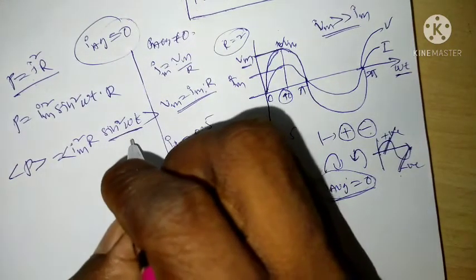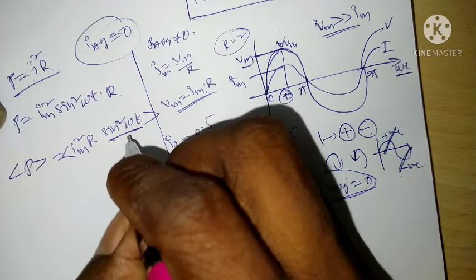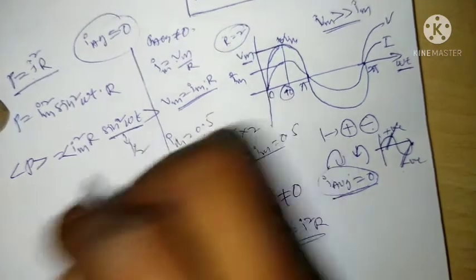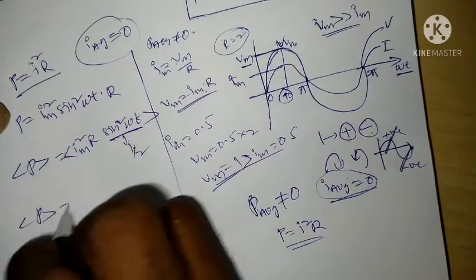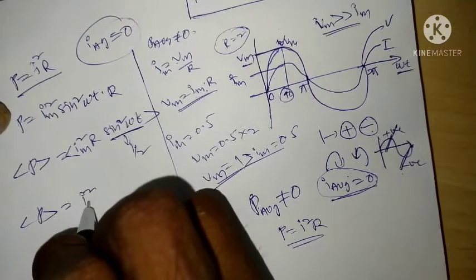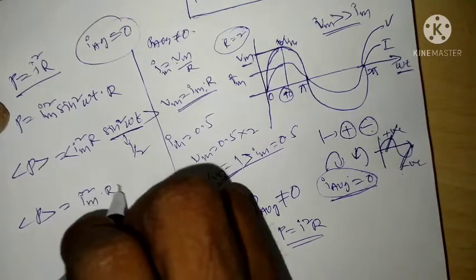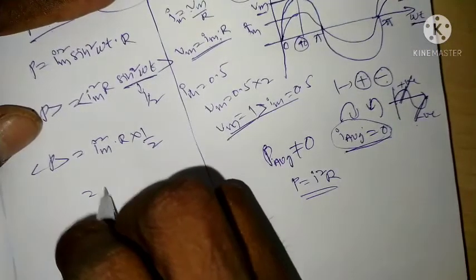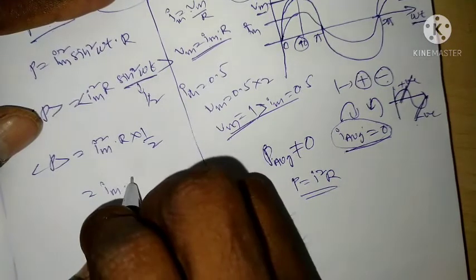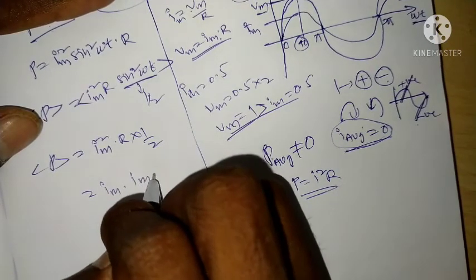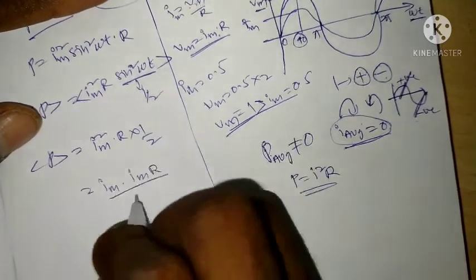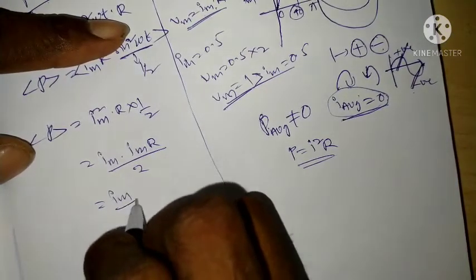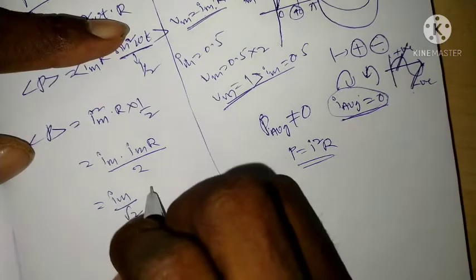As in the previous lecture, the average power is Im square into R into 1 by 2. It can be written as Im by root 2.